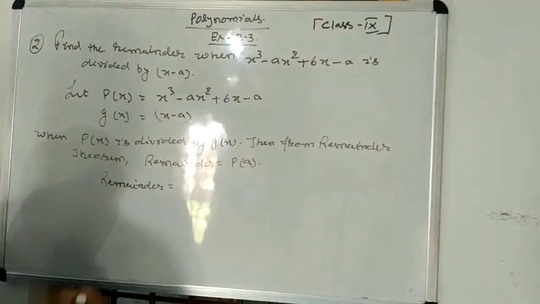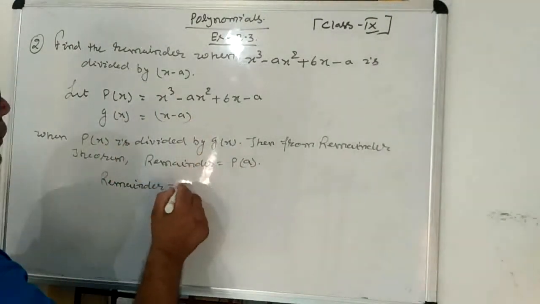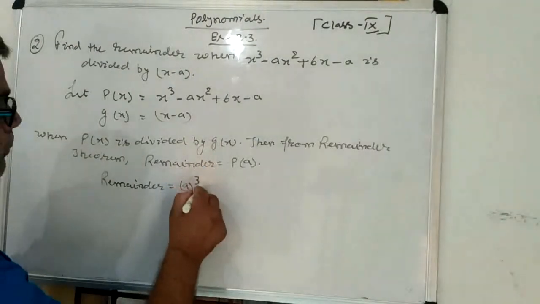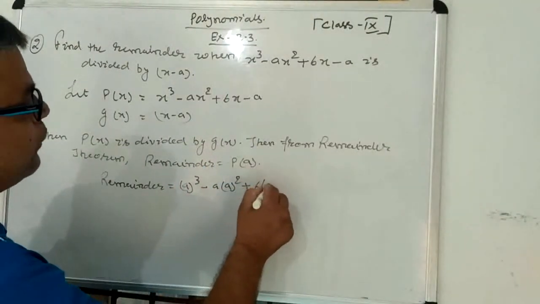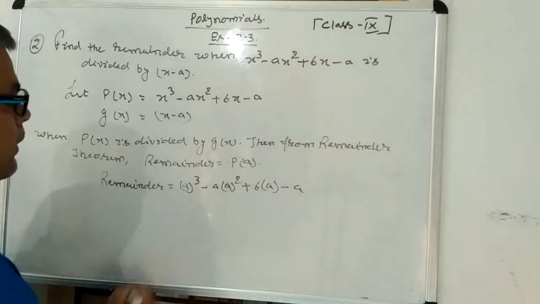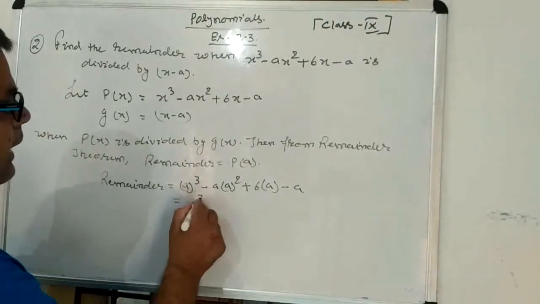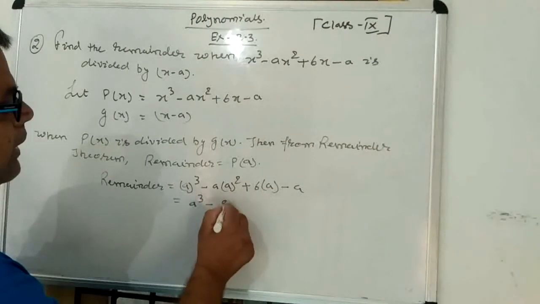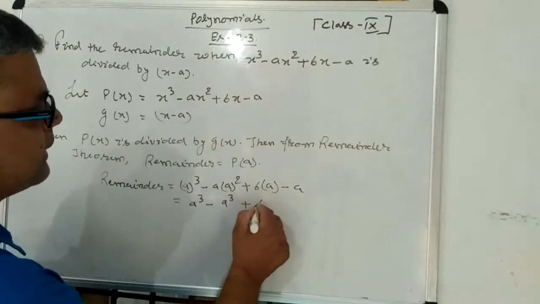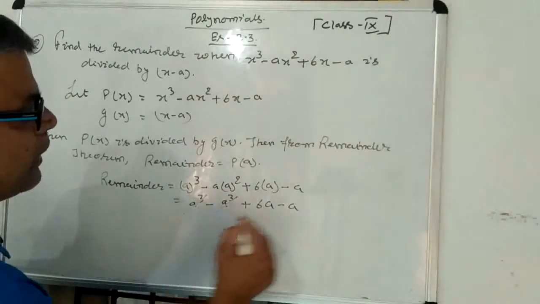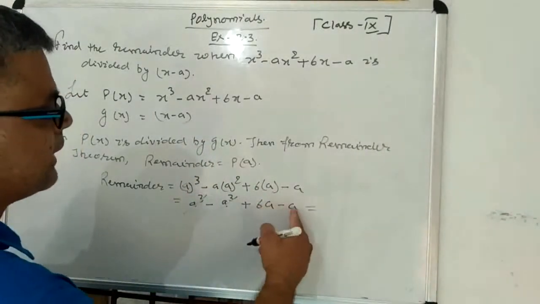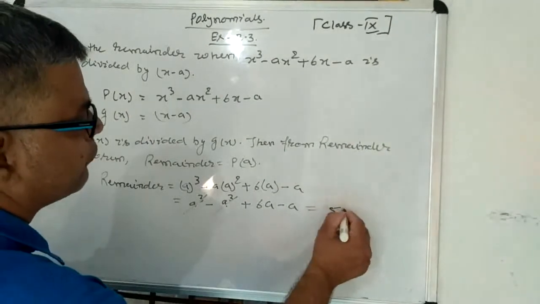Put a instead of x, so it will be a cube minus a into a square plus 6 into a minus a. Simplify this: a cube minus a cube will get cancelled and plus 6a minus a will be 5a.